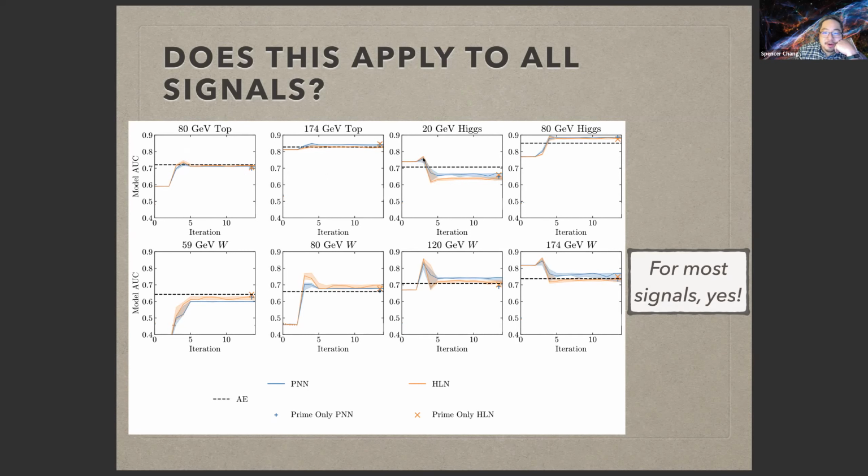I think what must happen is, as you get to iteration 5, the decision ordering improves, but it's not perfect. It really depends on how that decision ordering on background events transfers to signal versus background, essentially. When I try to get a better high-level network or paired neural network to order better on background events, it's not guaranteed that it's going to transfer to all events.